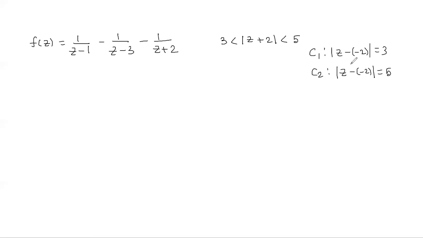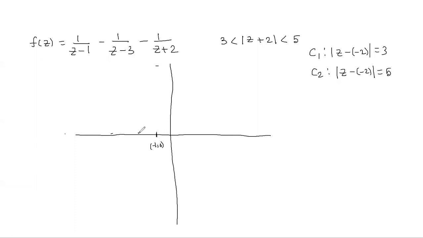So let us try to draw the region. On the axis we mark −1, 0, −2, 0, −3, 0, −4, 0, 5, 0, and here −6, 0 and −7, 0. Now it is centered at −2 with radius 3.